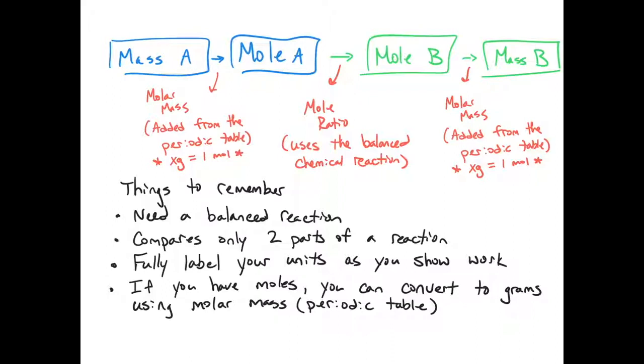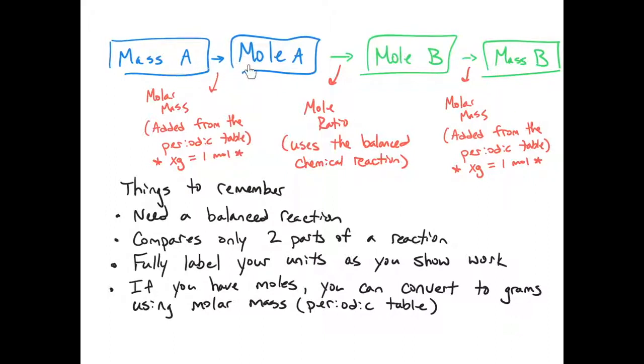I'm going to finish off this video lesson by showing this flowchart once again and these useful things to remember. Remember, you're always going to be starting with either mass or moles of a substance. And you're going to be either asked for mass or moles of a substance. In red here, I have listed the conversions that you use at what step.